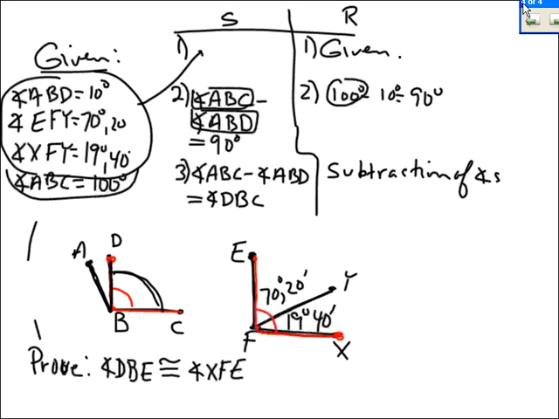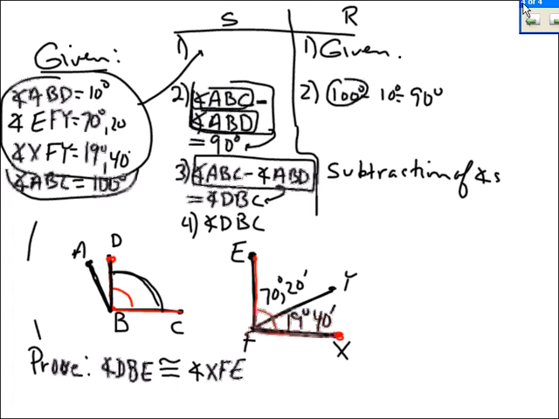Now, once again, I have this, and notice the subtraction sign in between, and I have this. They're the same. On one hand, it equals 90 degrees, and on the other hand, it equals angle DBC. So statement number 4 is going to be angle DBC equals 90 degrees.